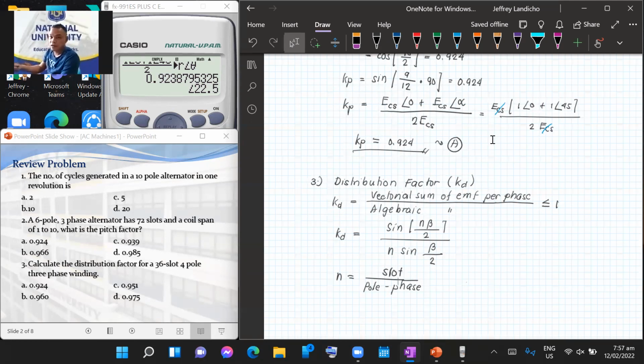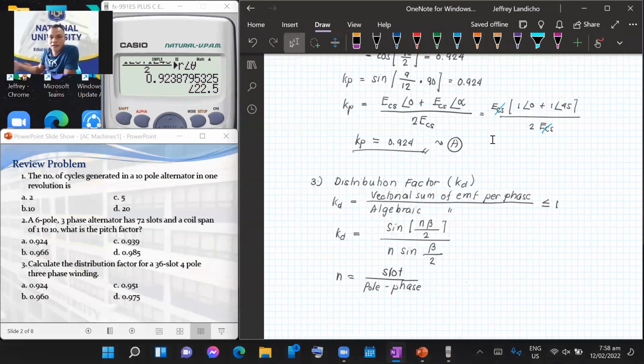So alam natin kung 3-phase yan, meron tayong line A, line B, line C. So lumalabas dun sa ating pole pitch na yon, dun sa 12 total number of slots, ilan dyan para kay phase A, ilan doon para kay phase B, ilan doon para kay phase C. So, yun ang pinapanggit nito, number of slots per pole per phase.